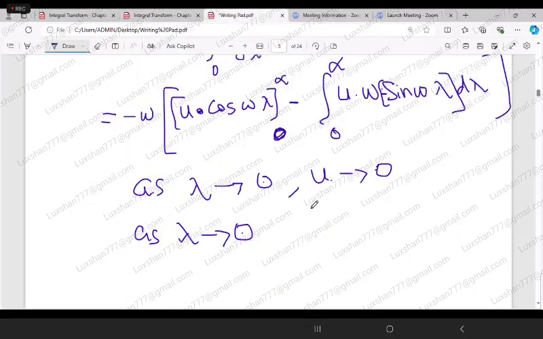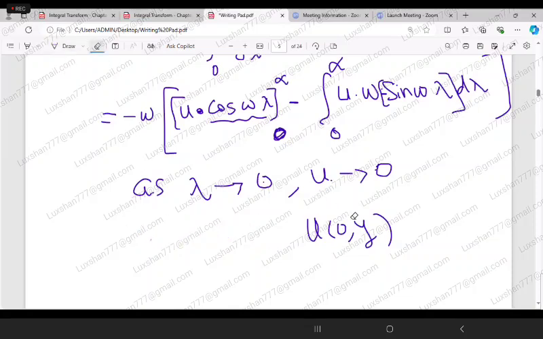This becomes u(0, y), because our variable is actually omega, no? So that becomes 0, because this part becomes 0, this part becomes 1, because when you put lambda equal to 0 here, it becomes this part. Let me substitute and show you better.